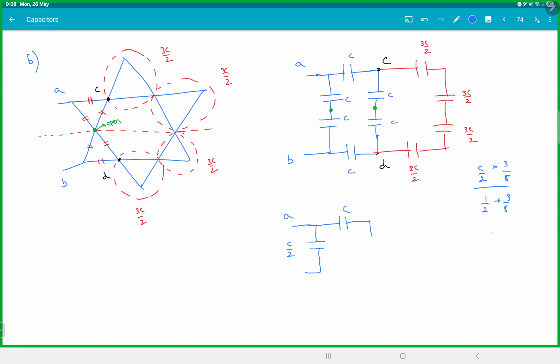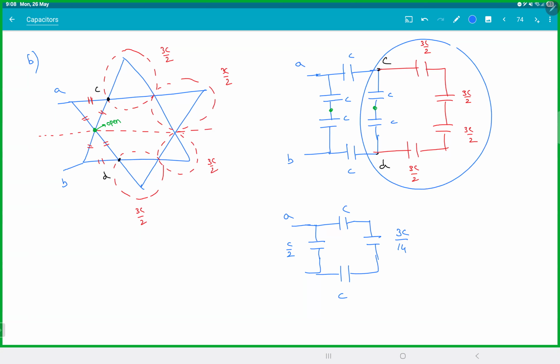Multiply 4. That will be 3 by 16 by 4 plus 3, 7 by 8. That will be 3 by 14. 3C by 14 with a C again.